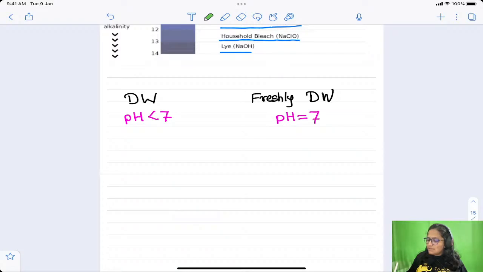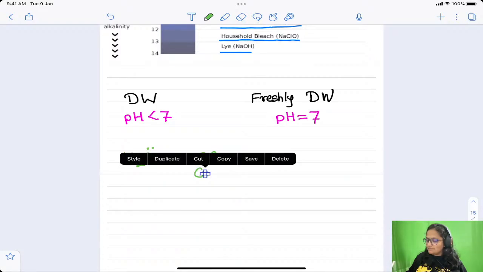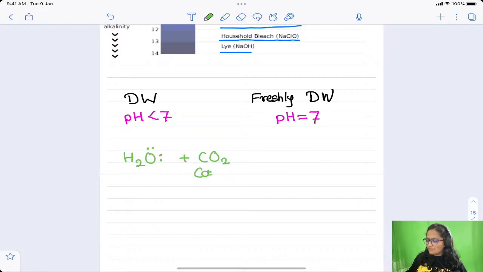But the distilled water combines with the carbon dioxide present in the air. CO2 is nothing but carbon dioxide. So this water combines with the carbon dioxide and we get H2CO3. What is H2CO3? H2CO3 is called carbonic acid.